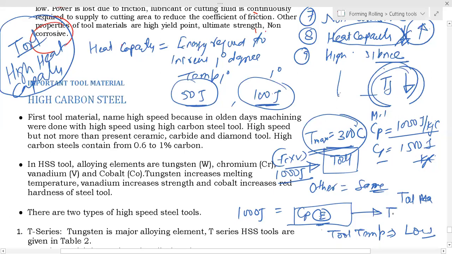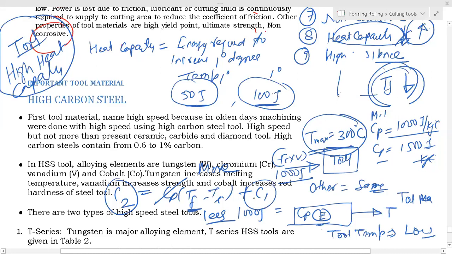So higher the CP, T final minus T initial will be less, because this is your constant C1 and this is your constant C2, means this is fixed. Right now TF will be low when Cp is high. That's all.